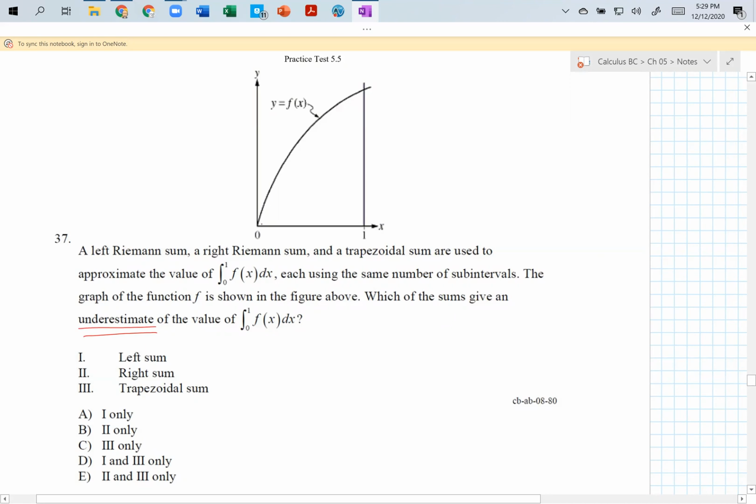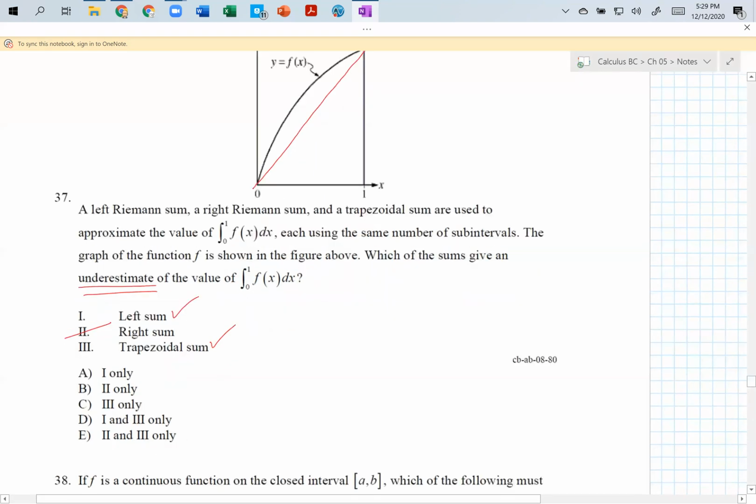Well, if I try the left sum, that looks like an underestimate. Let's do 3. If I try the right sum, that looks like an overestimate. Now, for the trapezoidal sum, I'm just going to use one interval. That clearly also is an underestimate. So I'm looking at 1 and 3.